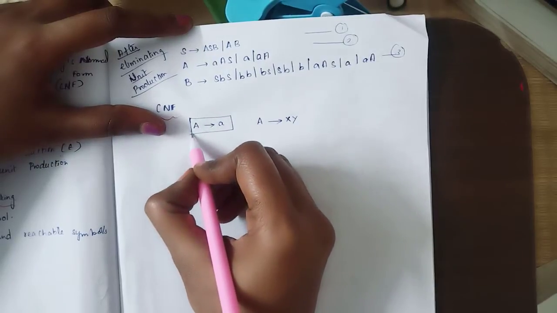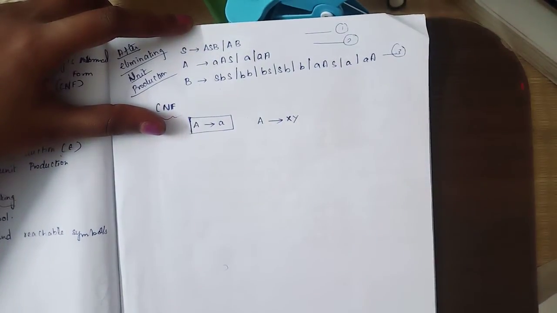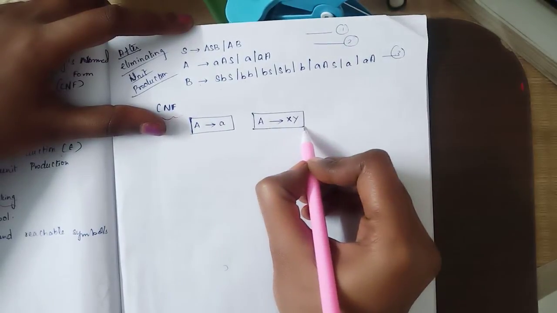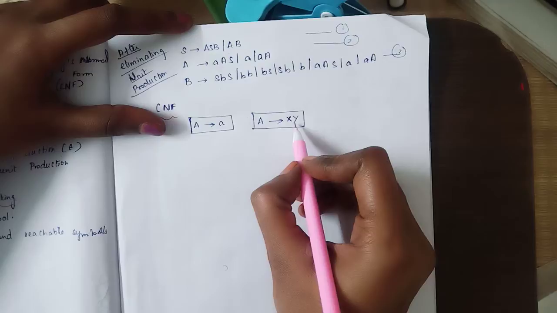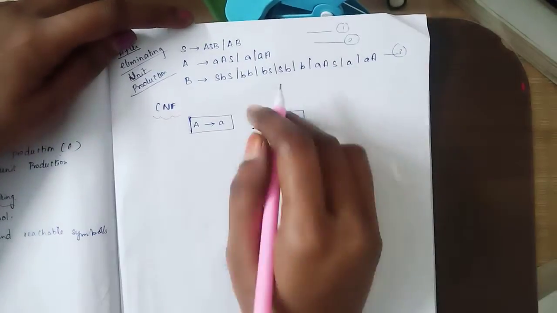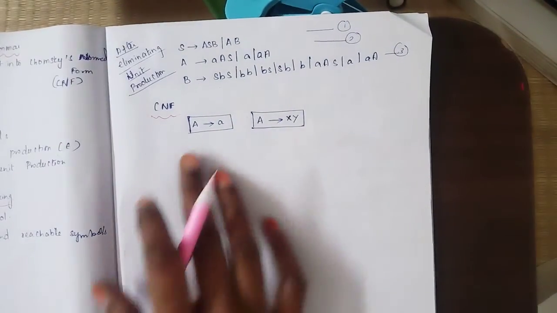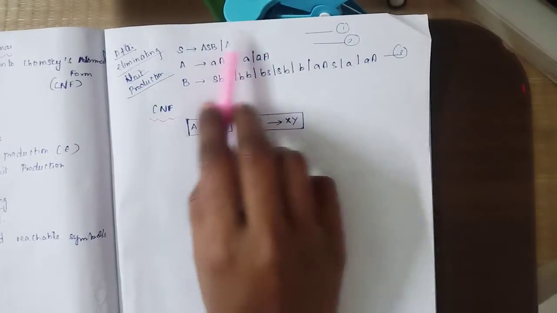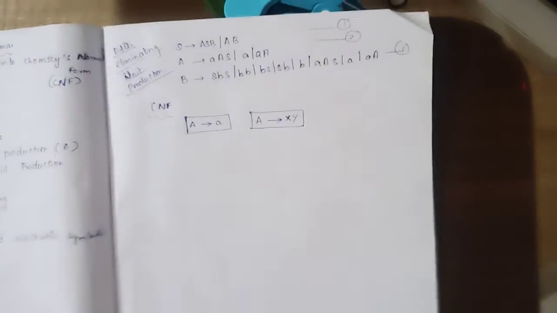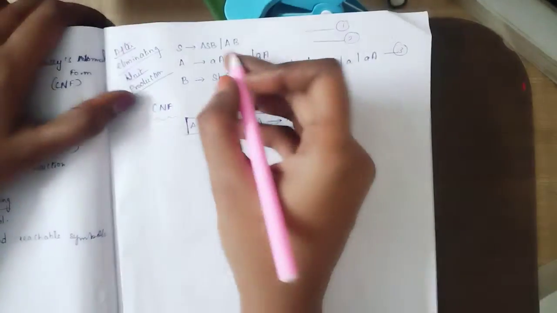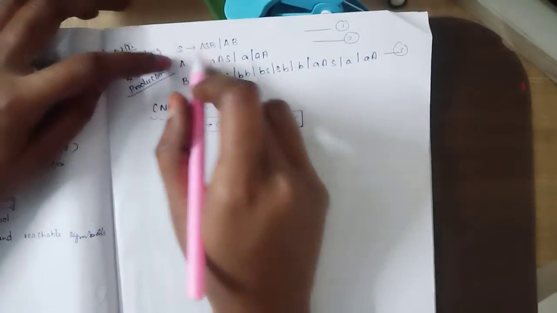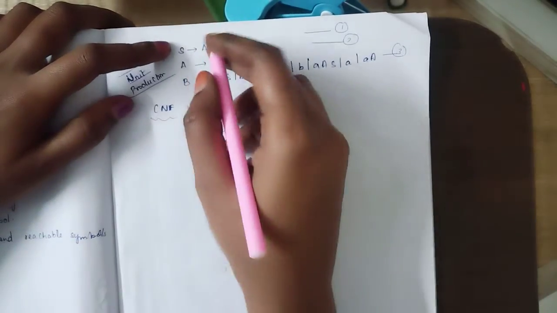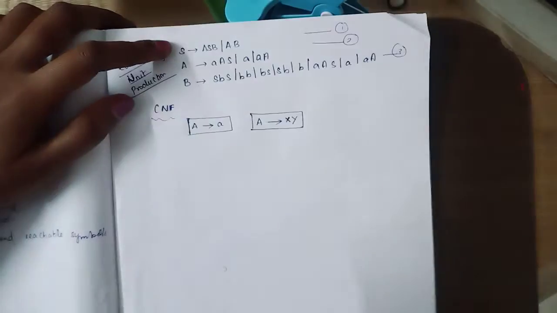One is a single non-terminal produces a terminal, or a single non-terminal produces two non-terminals. So this is known as CNF. So we make this CFG into CNF. Here, which productions are already in CNF? Check this grammar from these three rules.